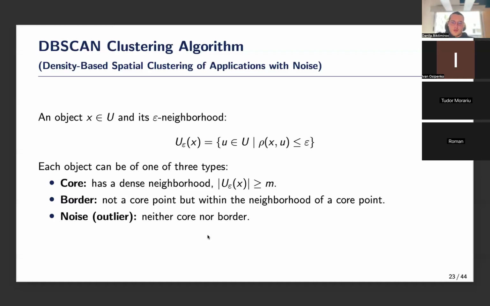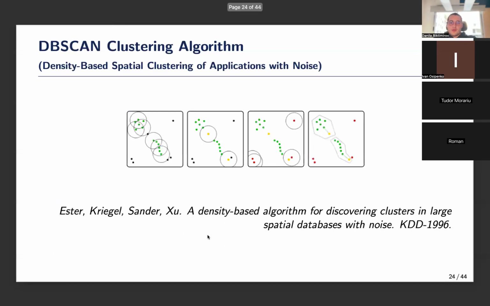Then a border object: it's not a core object, but it is within the neighborhood of a core object. And a noise object, or outlier: it's neither a core object nor a border object. So how does the algorithm work step by step? We start with an arbitrary point.